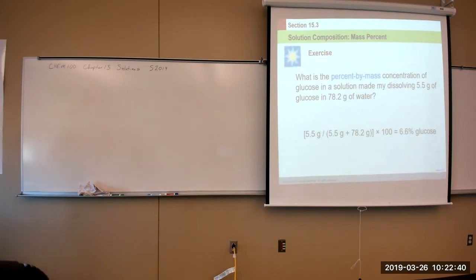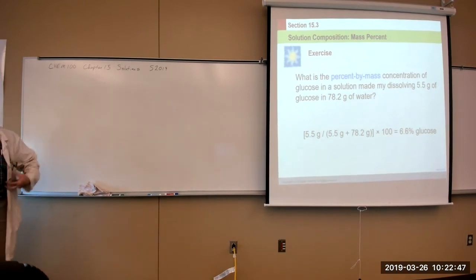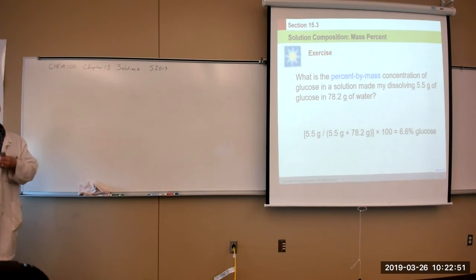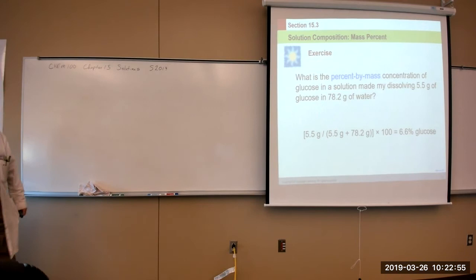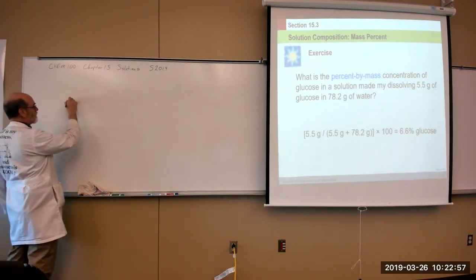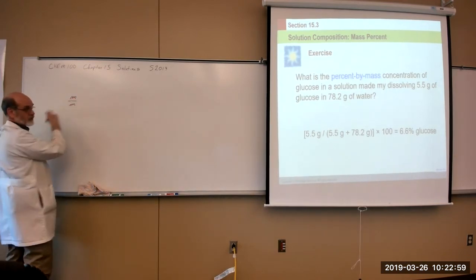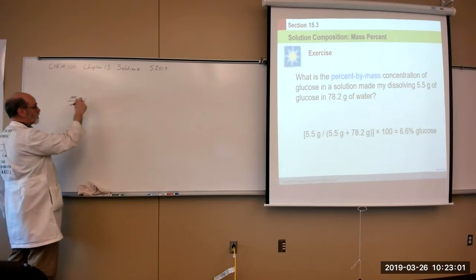That's the problem with percent. Percent is a dimensionless number. It just says parts per 100. So what parts are you talking about? Are you talking about parts by mass? Are you talking about parts by volume? You could potentially have mass, which is the one we just talked about, so that'd be grams per 100 grams.